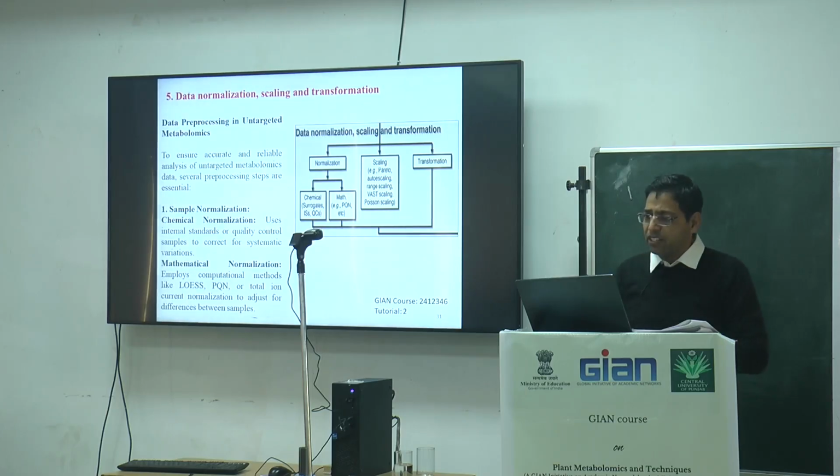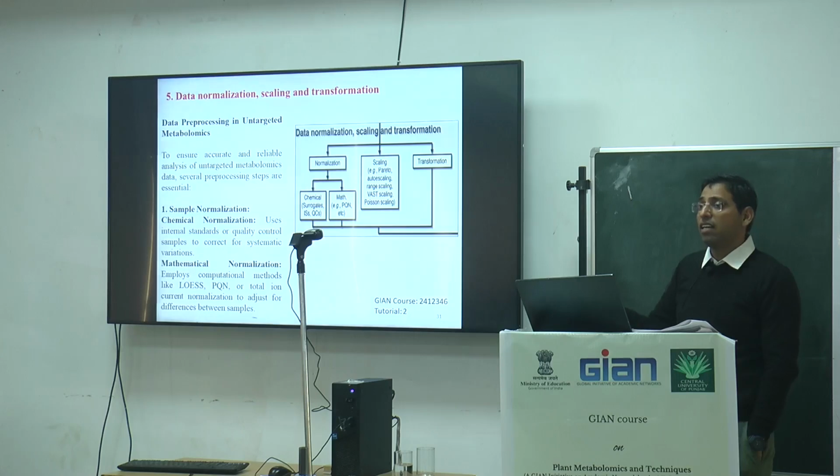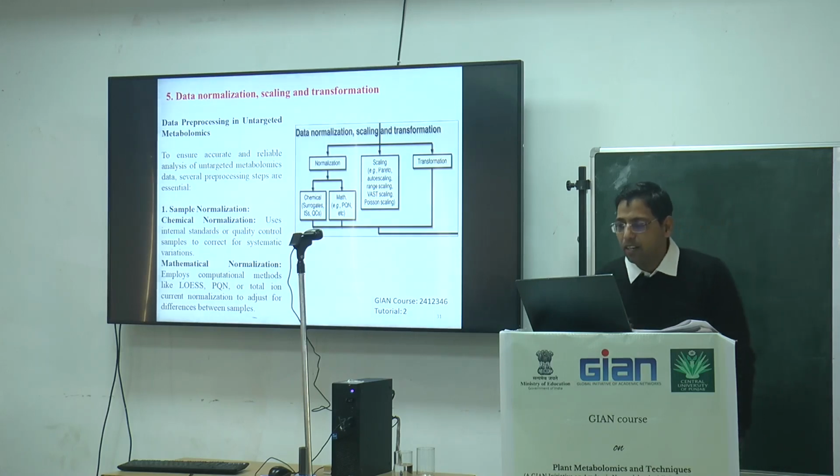So data normalization, scaling, and transformation is another step. That is almost similar to the targeted metabolites, but normalization can be carried out by two different methods. Then there is a transformation. So accurate, reliable identification of these non-targeted metabolites, we have to do using many steps.